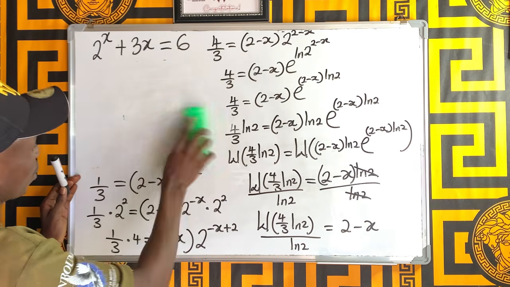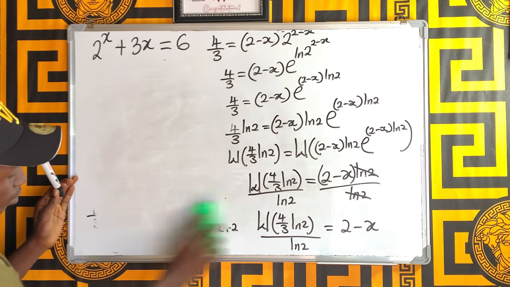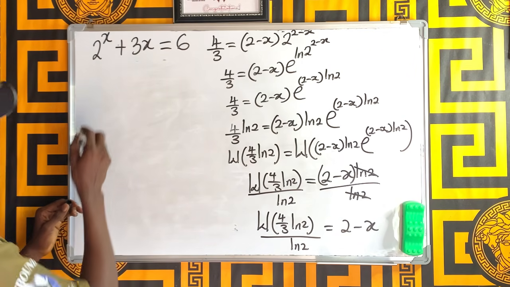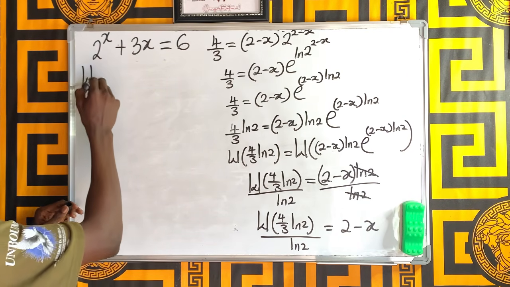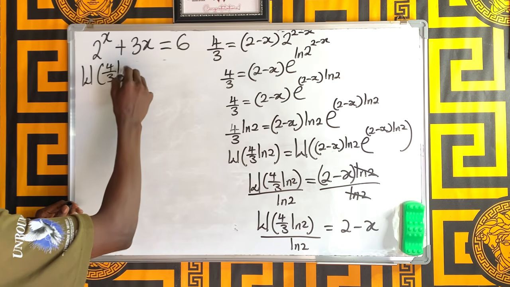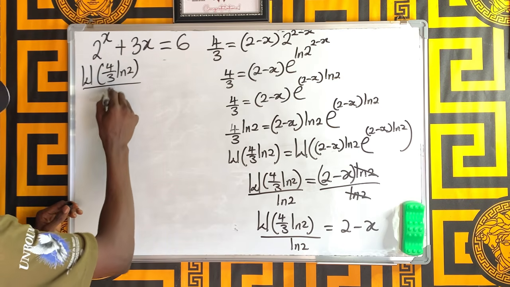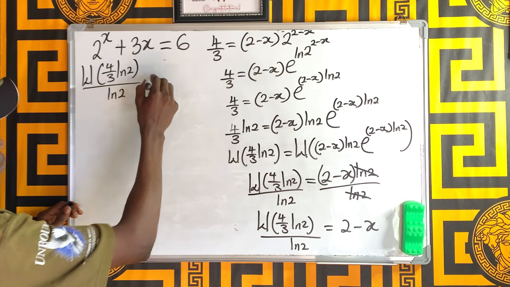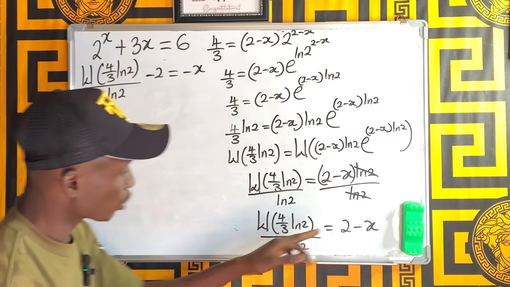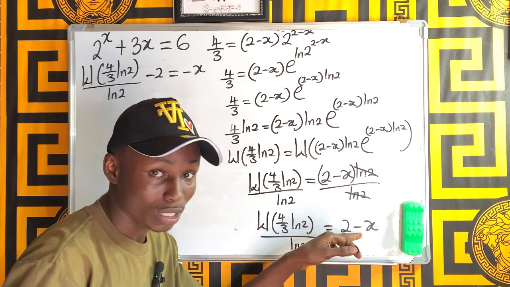What I'm going to do is subtract 2 from both sides. If we do that, the W function of 4 divided by 3 natural logarithm of 2, then divided by ln 2, minus 2 is equal to minus s. Because if we subtract 2 from both sides, we're left with minus s.